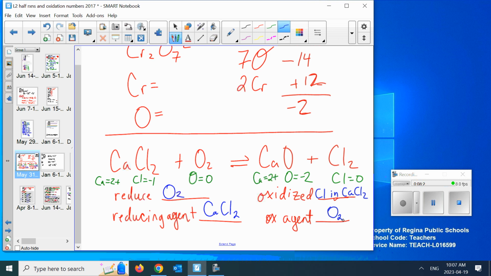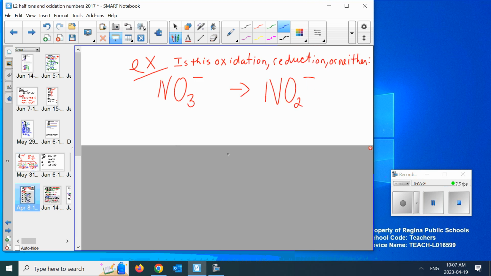Okay. Now, where's this going? We've got to do some examples here. What about half reaction? When you have a full reaction, you've got to figure out each individual. I'll give you a second.